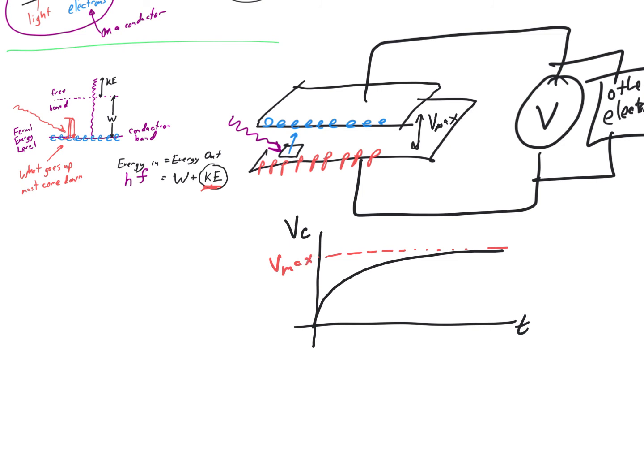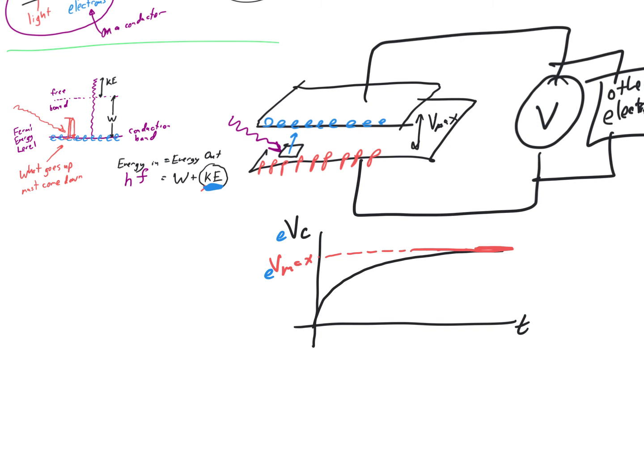When it reaches or approaches that Vmax value, that Vmax, if I multiply it by the charge of an electron, is the potential energy that the electron's trying to traverse.